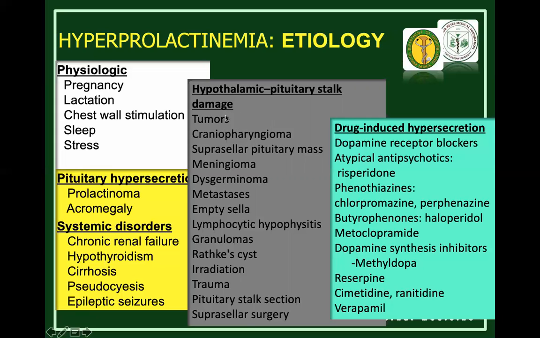These are tumors, hypothalamic tumors, craniopharyngioma, or other tumors within the area of the pituitary, like suprasellar tumors, meningioma, germinoma, metastasis, an empty sella, lymphocytic hypophysitis, granulomas, cyst, irradiation, trauma, pituitary stalk section.